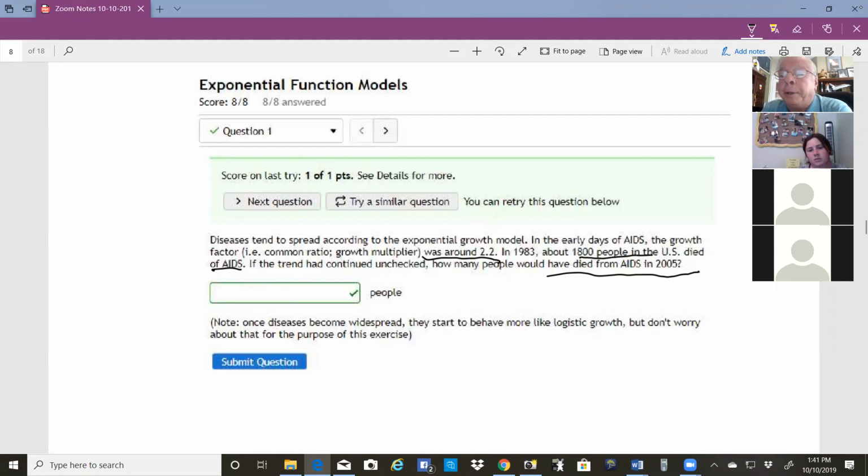So how many years between 83 and 2005? That's 22 years.